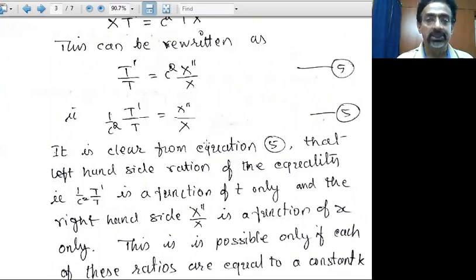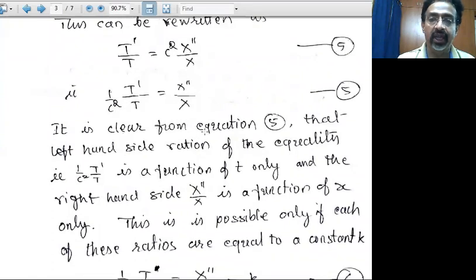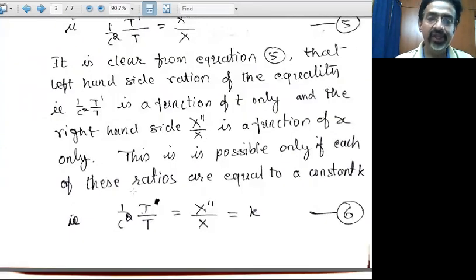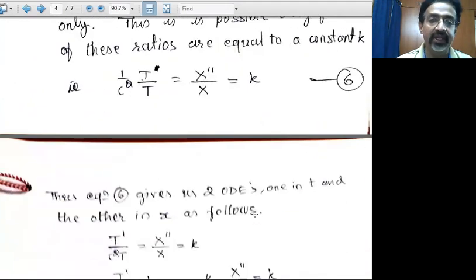I have to equate both of them. Therefore, both of them will be equal to some constant, which I call k. So I get 1 by c squared T dash by T is equal to X double dash by X, which is equal to a constant k.